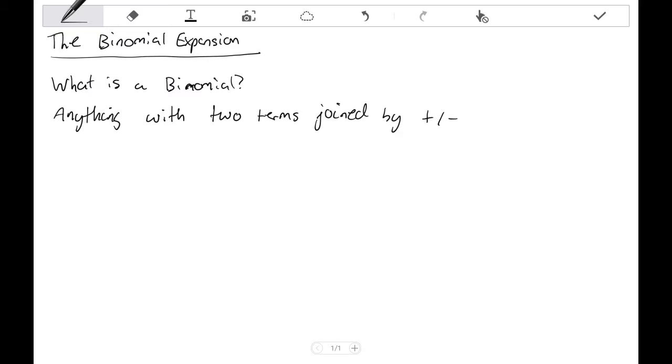That's the simple way of defining a binomial. For example, 1 plus x, or 30 minus 2y, or 2z add v. Anything where you've got two terms and it's joined by plus or minus, that's a binomial.